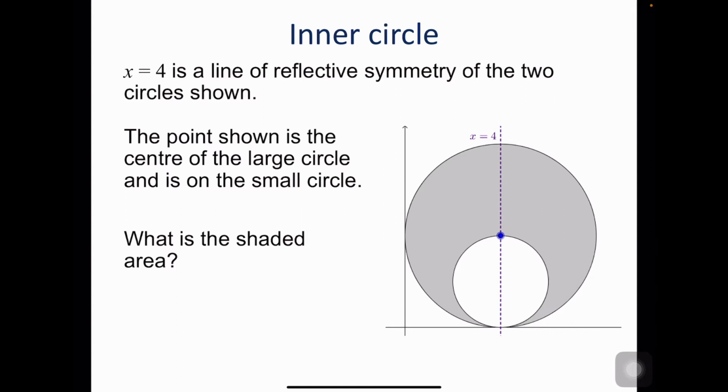So if this is x equals 4, then this will be 4 as well, because the circle touches the x-axis. If it touches the x-axis at 4, then it would touch the y-axis at 4 as well. So that is your hint. Please pause this video now and try to answer it independently.